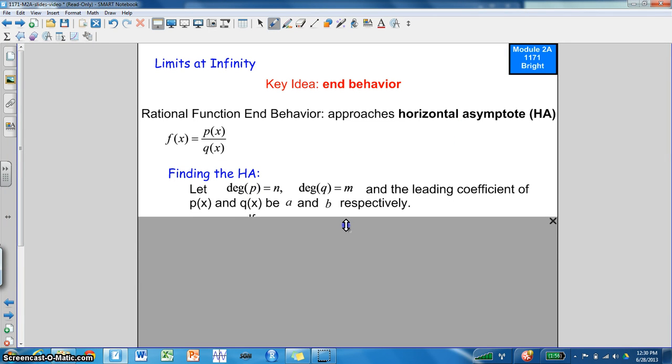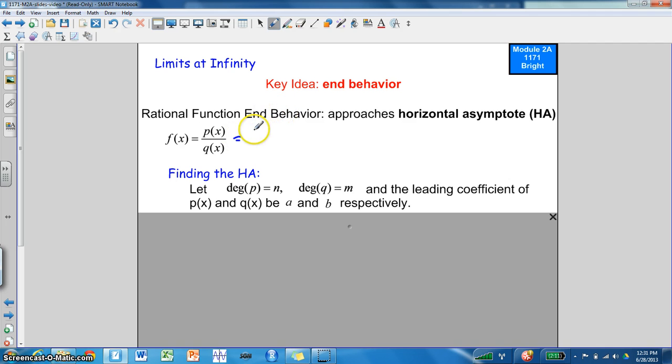To find the horizontal asymptote, remember that p and q here are both polynomials. That's another restriction. If the degree of p, the numerator, is n, and the degree of q, the denominator, is m, then the leading coefficient of each of them is a and b respectively.